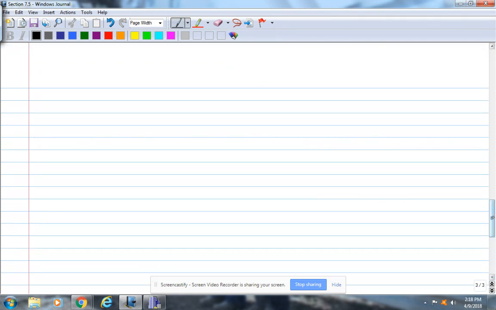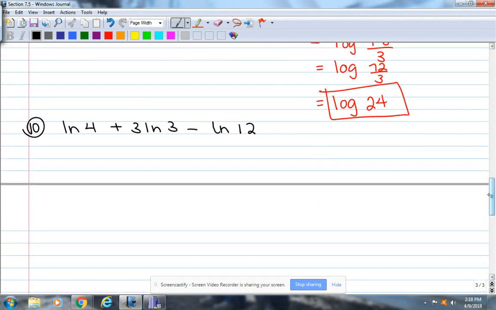If we see an addition, that means they're multiplied. Subtracting means dividing, and a number in front means it's the exponent. So this is 3 to the third power. So this is going to be natural log of 4 times 3 to the third divided by 12.